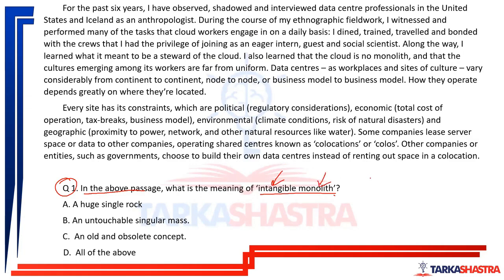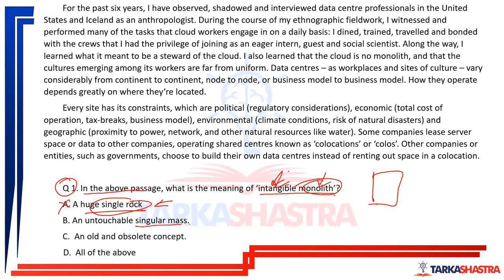And monolith means a single piece of rock or a single homogeneous body, a singular mass. So it could mean a huge single rock, but here it is only talking about monolith instead of talking about intangibility also. So A is incomplete. A is most likely not the correct answer.